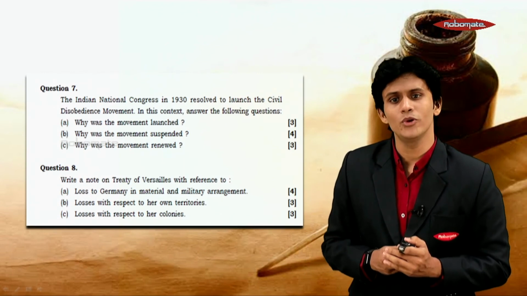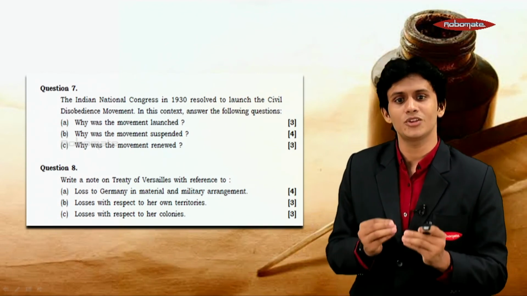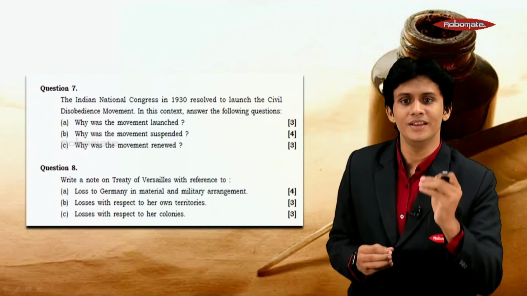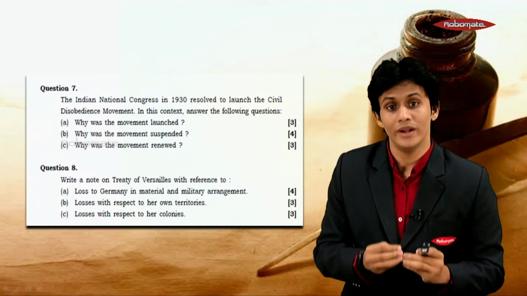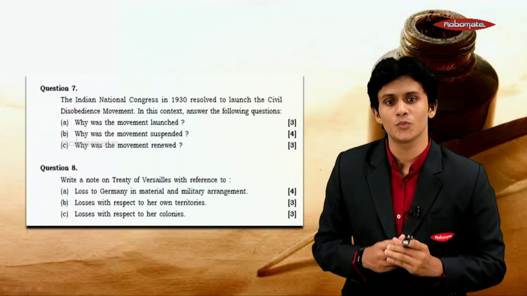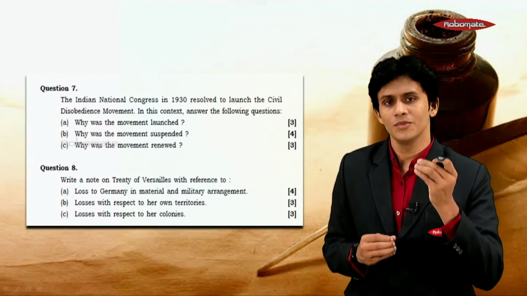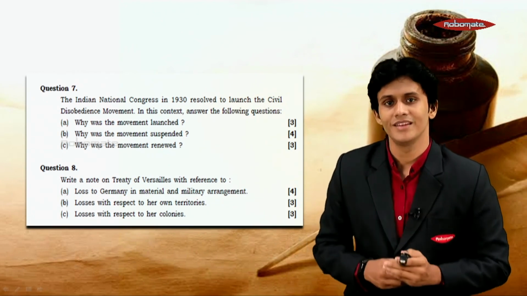Next, once again we have 2 more examples. You have one question that talks about the Indian National Congress in 1930 resolving to launch the civil disobedience movement. And with respect to the context of civil disobedience movement, they have asked the further questions. The most basic marks distribution that was possible, you have 3, 4 and 3 respectively. In a similar manner, you have the question from World War I, Treaty of Versailles, as it is.